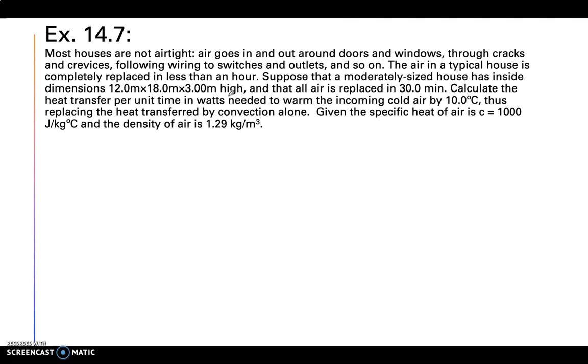Given the specific heat of air is 1,000 joules per kilogram degree C, and the density of air is 1.29 kilograms per meter cubed. Okay, so again, we're looking for Q over t.